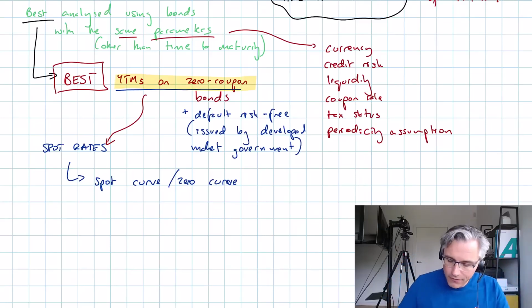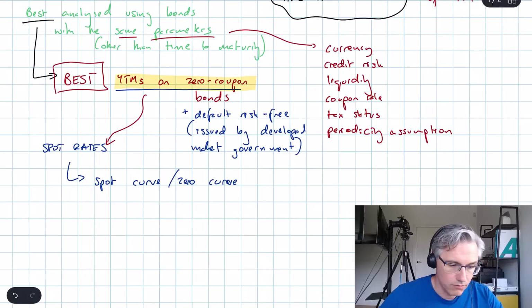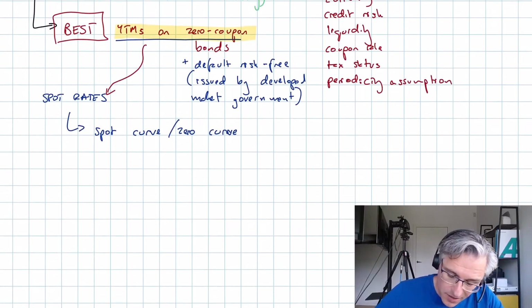And the very nice thing about using zero coupon bonds, a big plus of them, is that there is absolutely no coupon reinvestment risk.